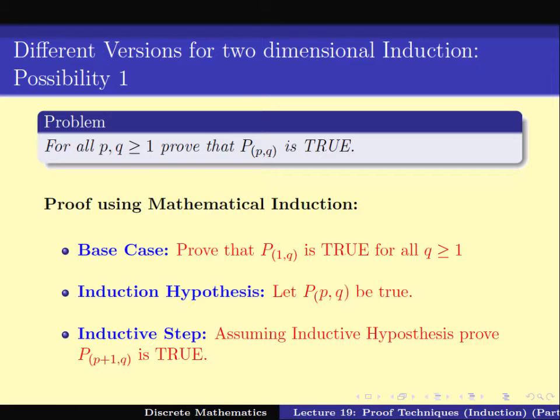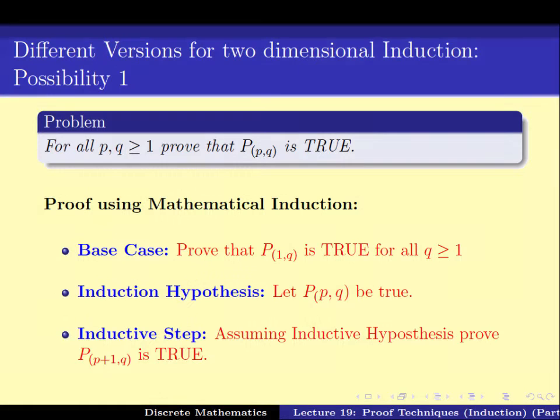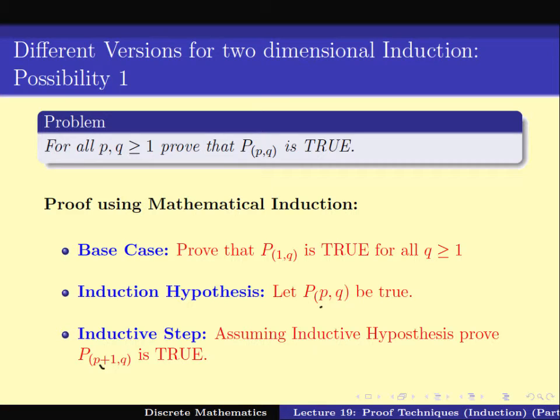Now when this happens, what is the term that we are going up or going down? In this case, assuming p, we are going to p plus 1. So in this case, we say that we induct on p.